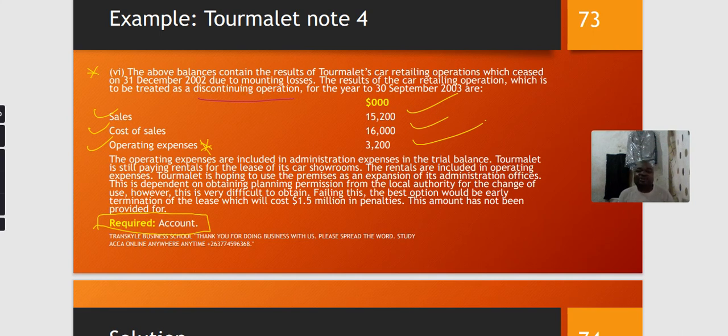Tourmalet is hoping to use the premises as an expansion of its administration offices. This is dependent on obtaining planning permission from the local authority for the change of use. However, this is very difficult to obtain. Failing this, the best option would be early termination of the lease, which will cost 1.5 million in penalties. This amount has not been provided for.